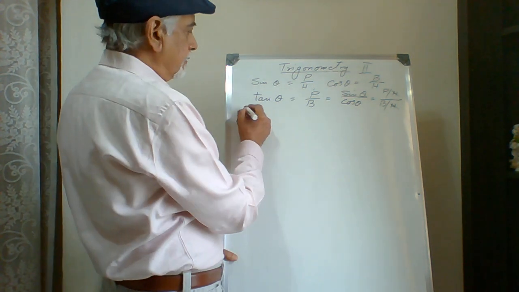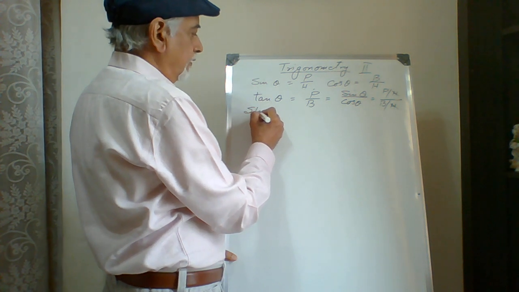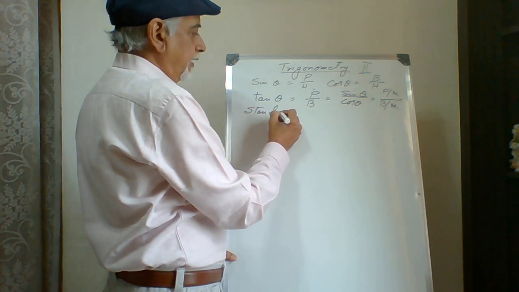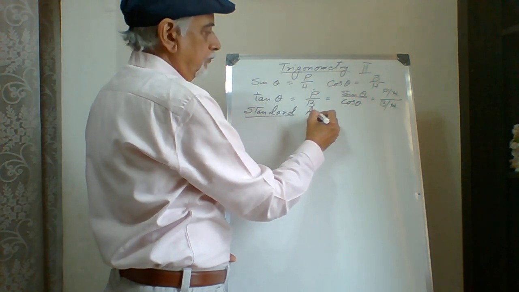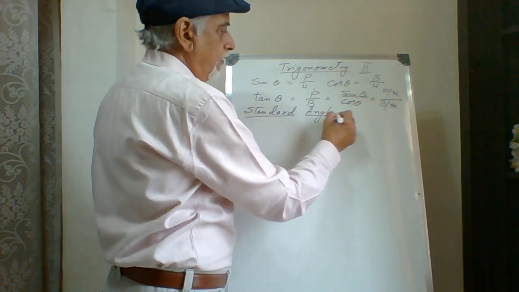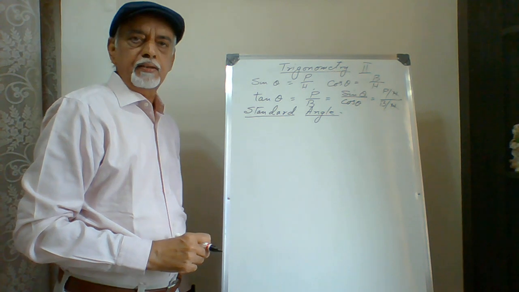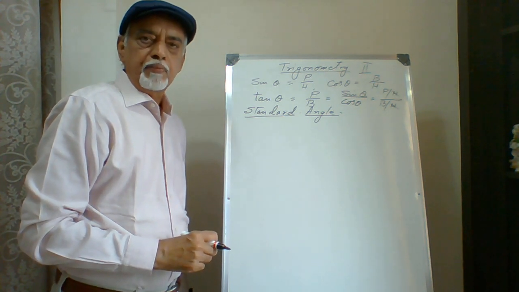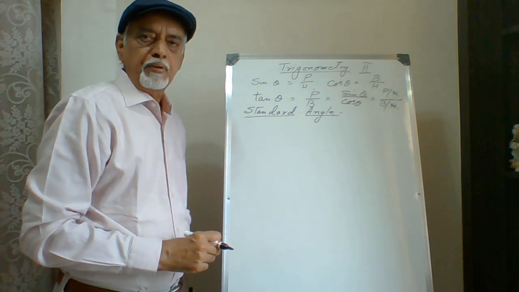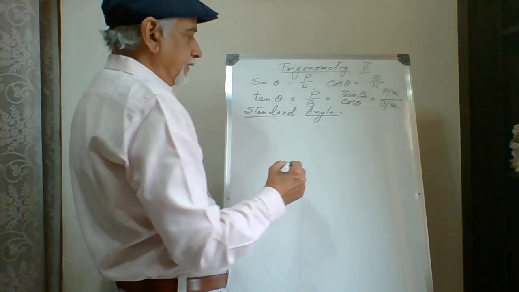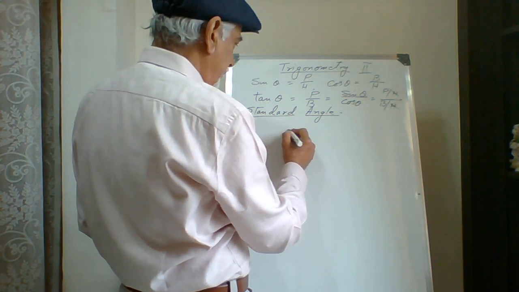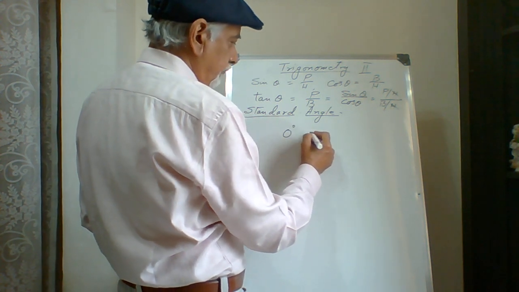Now there are some standard angles in trigonometry and the students are asked to work on the numericals without consulting the table of the values for the trigonometry, and they have to remember all these values of standard angles. What are the standard angles? These are 0 degree.